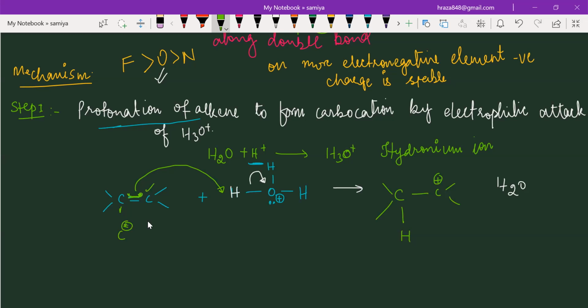This negative charge, that means two electrons, it will give one of the electrons to hydrogen and make a bond like this. Since this carbon donated one of its electrons, it will have positive charge, a carbocation. So in the first step there is formation of carbocation by the protonation of alkene. Are you getting the first step?